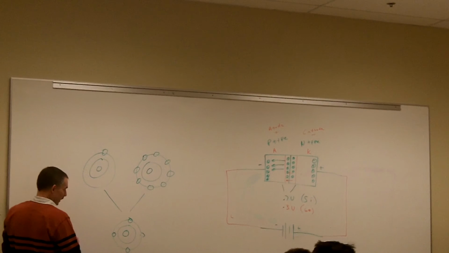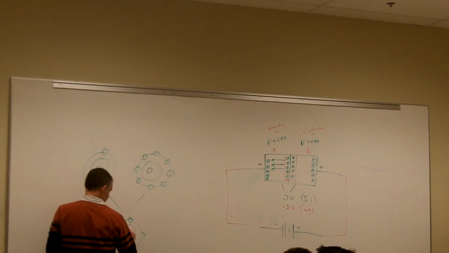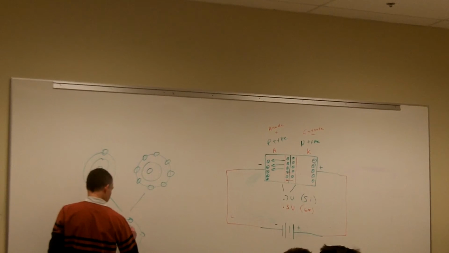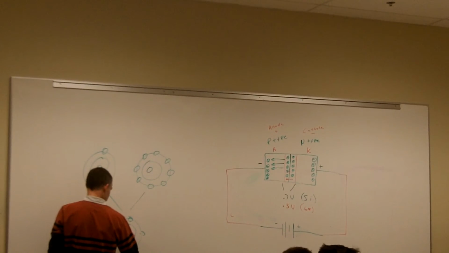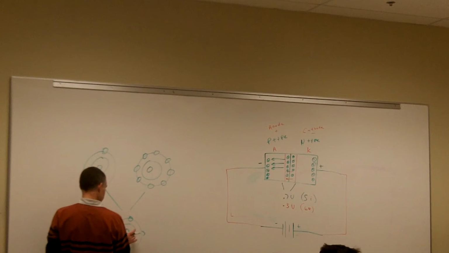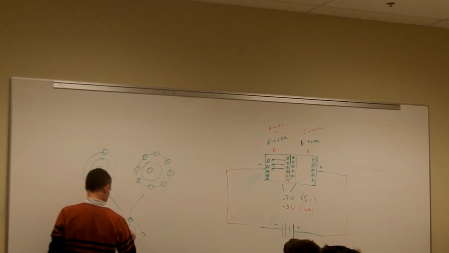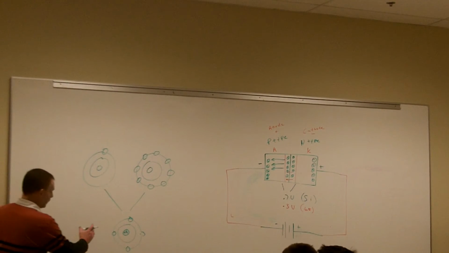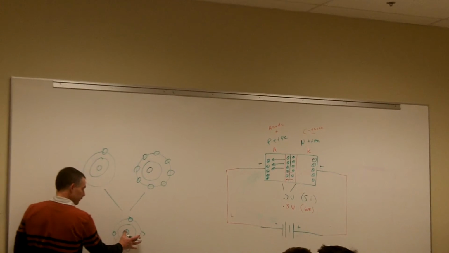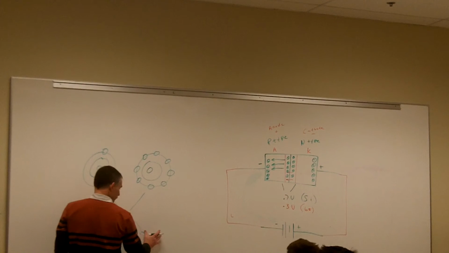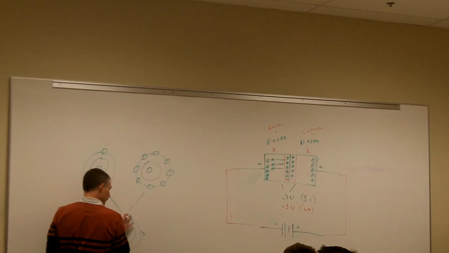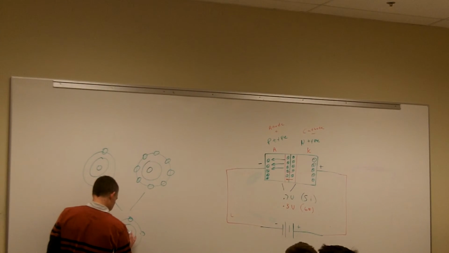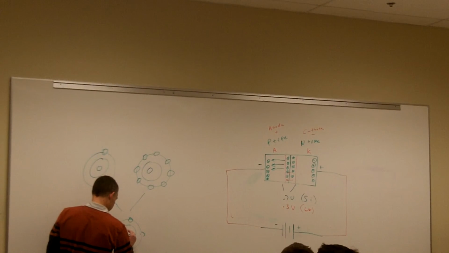For example, say plus 14, so my atomic number would be 14 on this. But I want to get a P-type, so I'm going to change it to 13, plus 13.